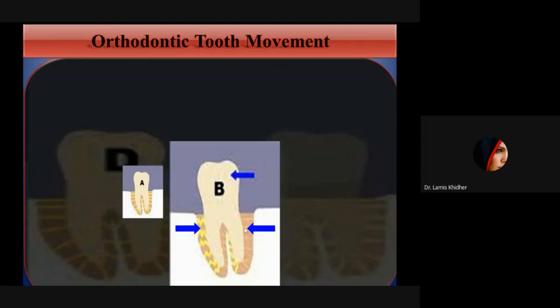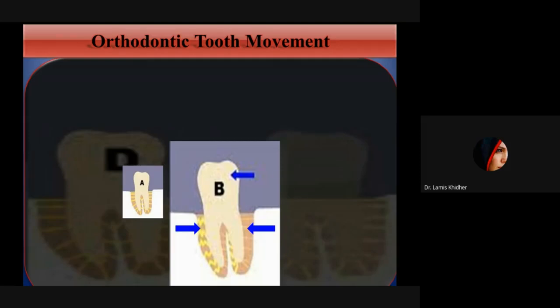The periodontal ligament in the side of the tooth movement will be compressed. And you can see here this yellow line. You can see it is compressed in its size. It is different from the previous one.